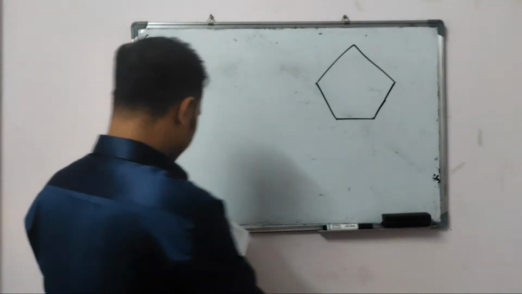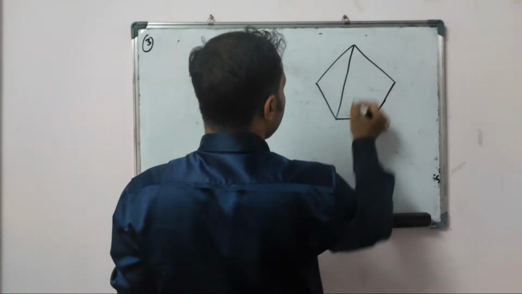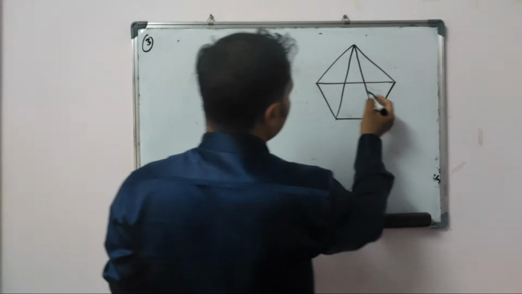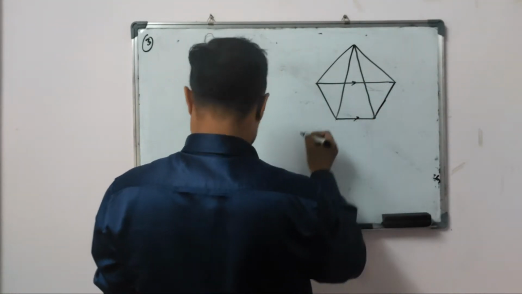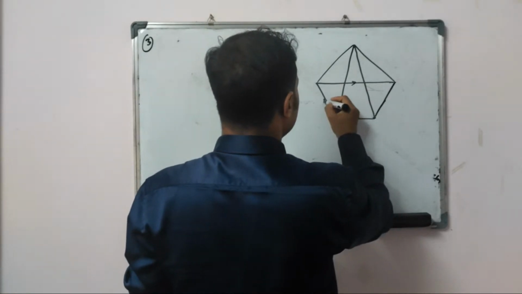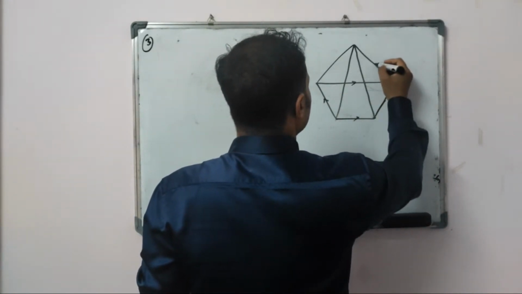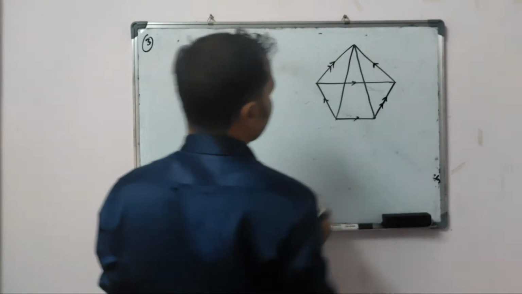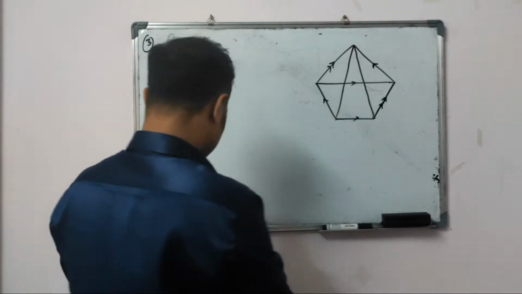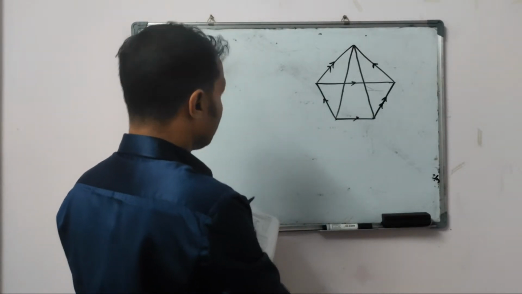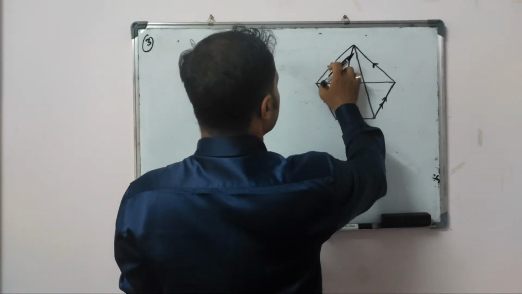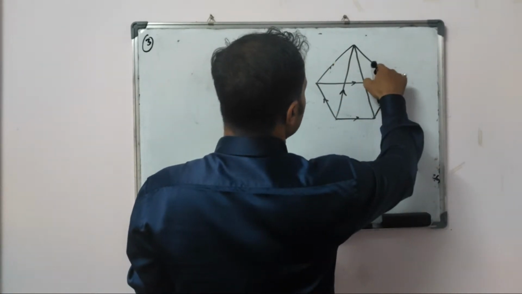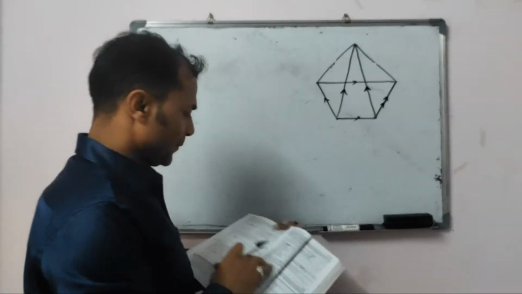Okay, so the figure is like this. Each of the opposite sides are parallel. This is parallel to this, this is parallel to this, and this is parallel to this. Okay, so that's it.